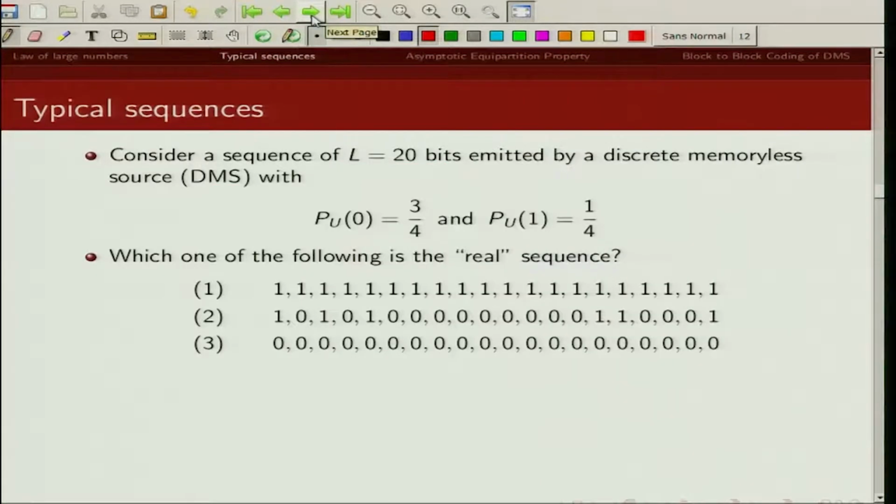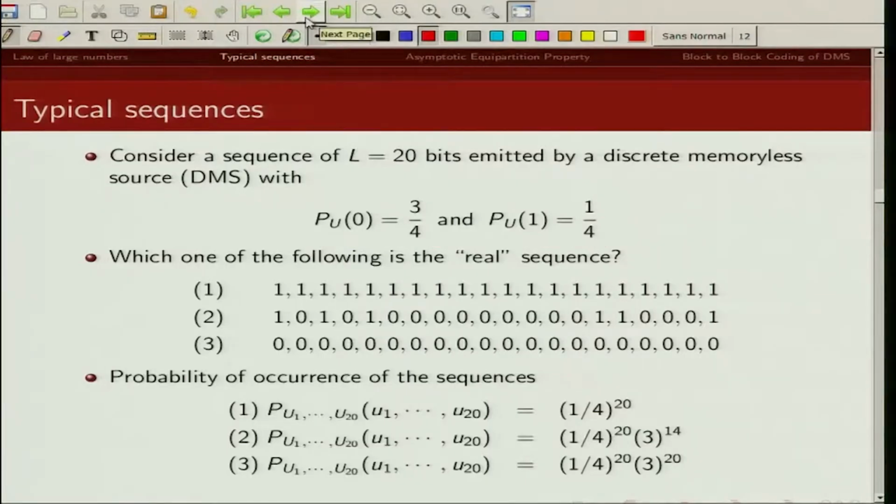Now my question to you is, which of these three sequences is more likely to have come out from this particular discrete memoryless source, which emits 0 with probability 3 by 4 and 1 with probability 1 by 4. The first sequence that we see has all ones. The second sequence has zeros and ones, and the third sequence is all zeros.